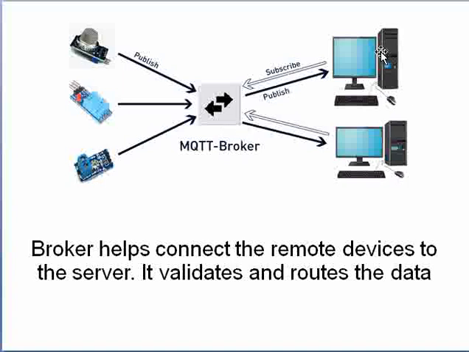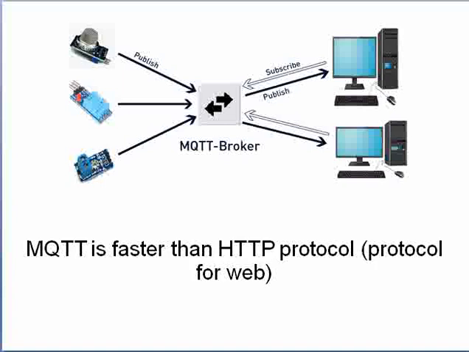And a device which has subscribed need not go and ask for data every time; once the subscription happens, the data will be received automatically. So the communication mechanism here got simplified, right? There isn't too much of to and fro acknowledgement kind of thing here. That's the beauty of MQTT.